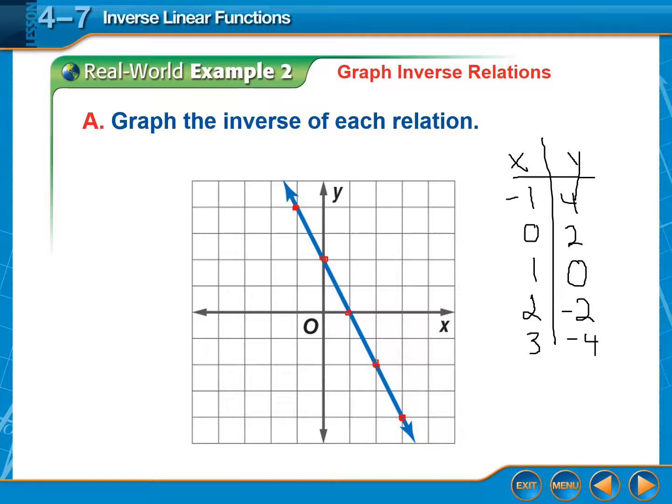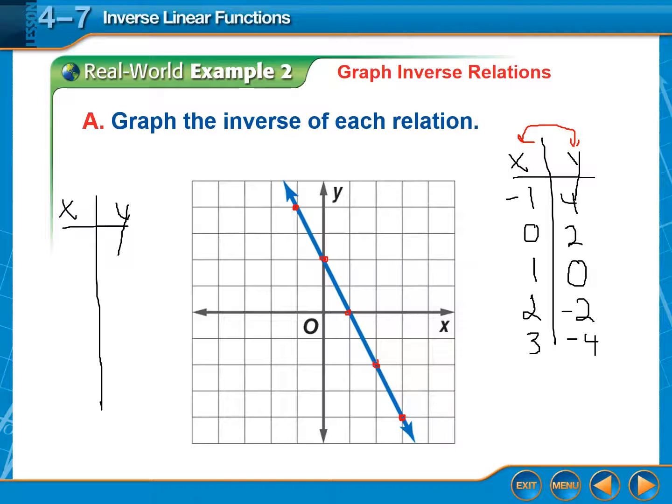So in order to find the inverse, all I'm going to do is switch the location of x and y, okay, to create a new set of points. Okay. So why don't I write my inverse table over on this side here. So we're going to do the same thing, but now we're going to take the values that we had over here and we're going to write them as an inverse.